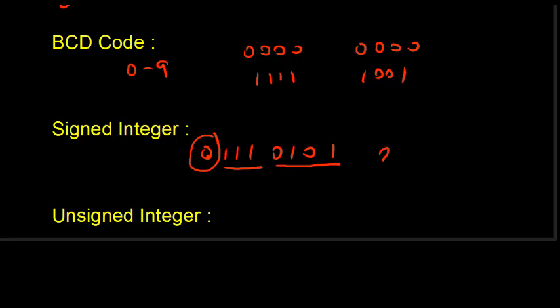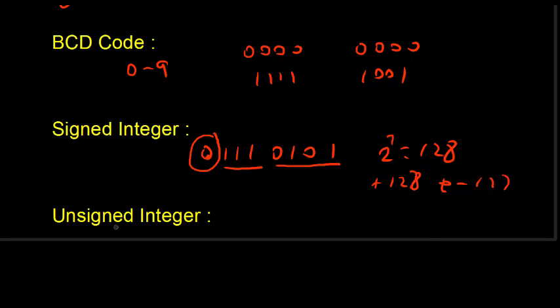So we only have 2 raised to 7 combinations, that is 128 combinations, so we can go from plus 127 to minus 127, and so on.